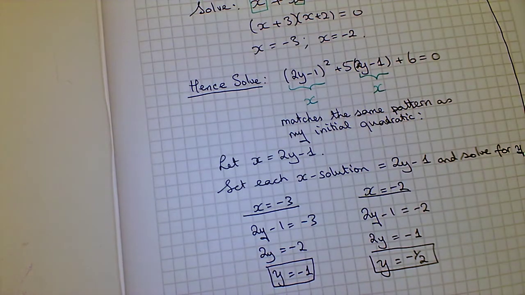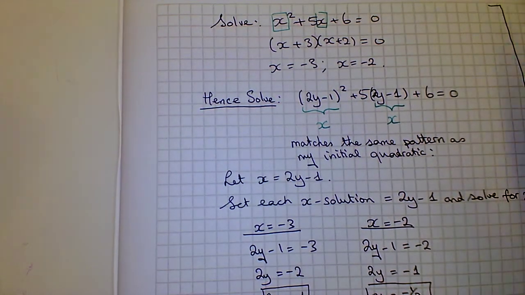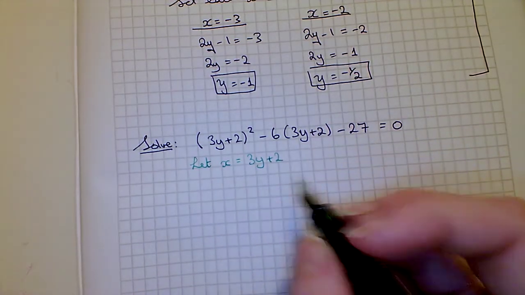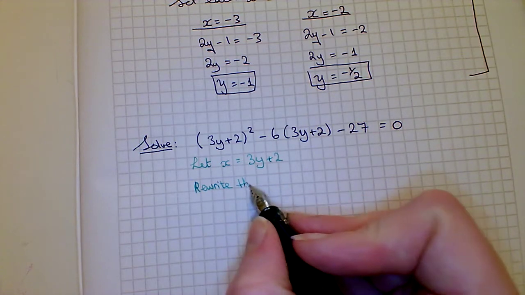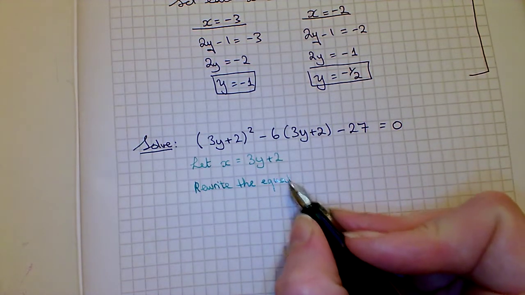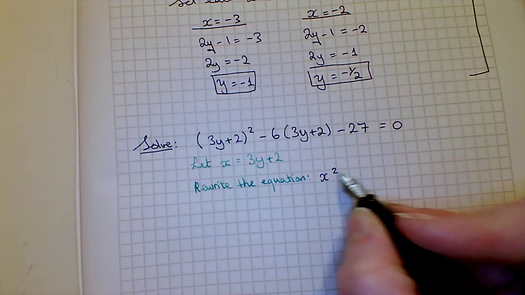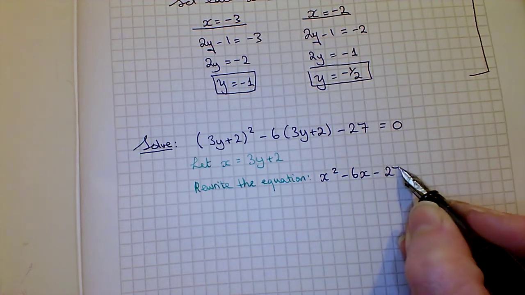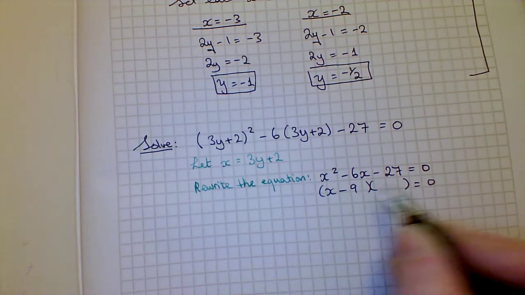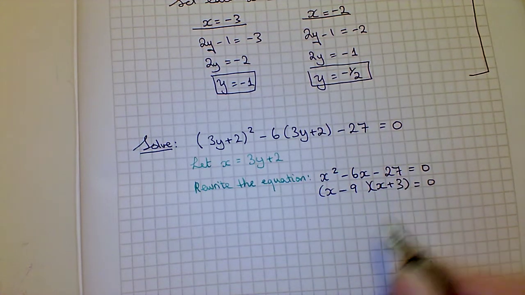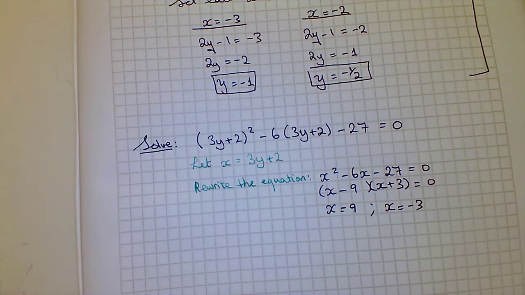Then we can rewrite the equation as x squared minus 6x minus 27 equal to 0, and the factors of that, I picked one that we just used, x minus 9 and x plus 3. So x is equal to 9 and x is equal to minus 3.